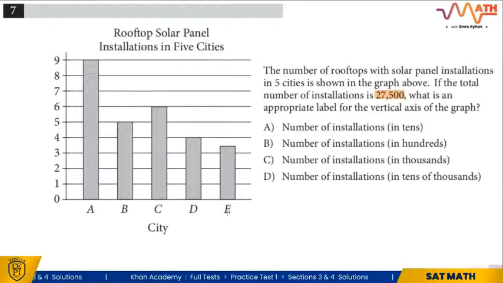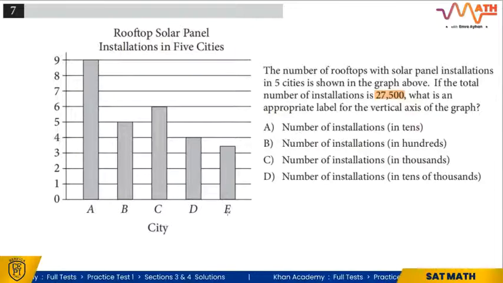Number 7. The number of rooftops with solar panel installation in 5 cities is shown. If the total number of installations is 27,500, what is an appropriate label for the vertical axis of the graph?